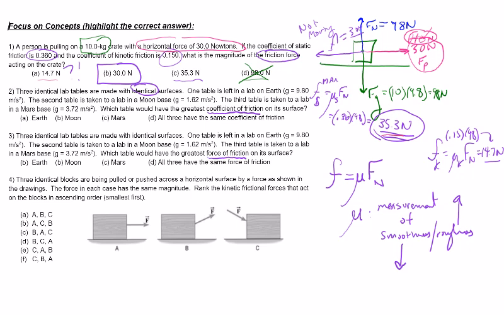So really, in number 2, it doesn't actually matter what the acceleration of gravity is. All of them are just going to have that same coefficient. Now in 3, what about the force of friction? Well, if I look at my equation here, my fun equation, that's great. Here's another way to look at it, to relate it with gravity.